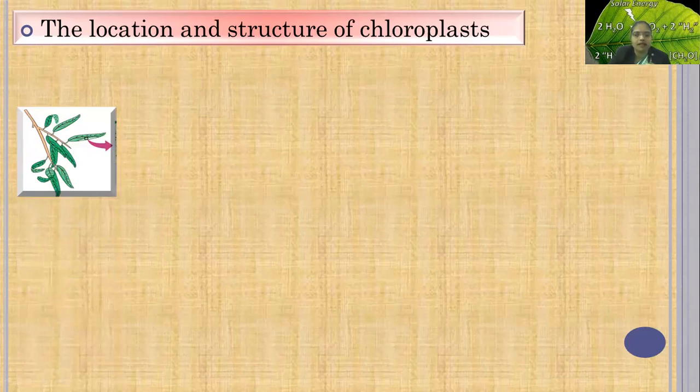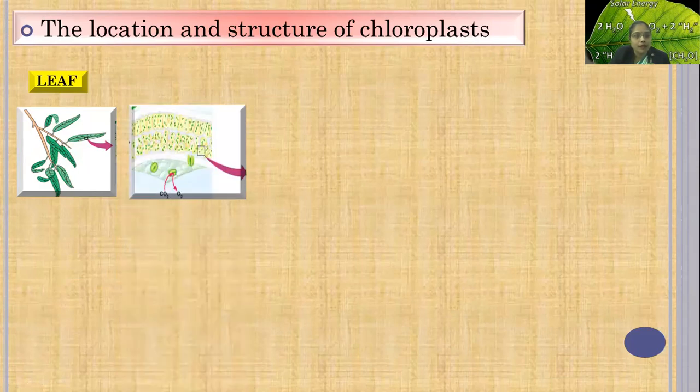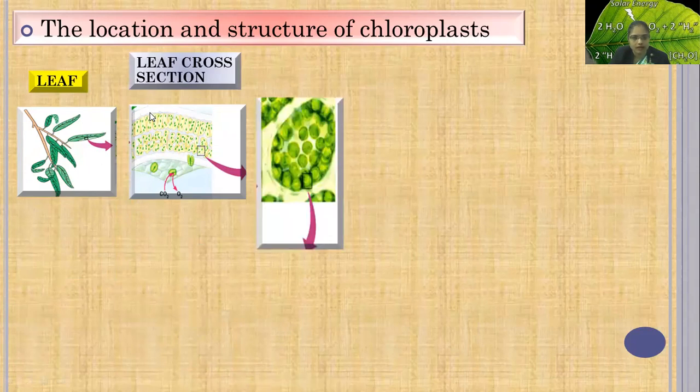Chloroplast is present in the green plant part, that is the leaf, in leaf mesophyll cells along their walls.